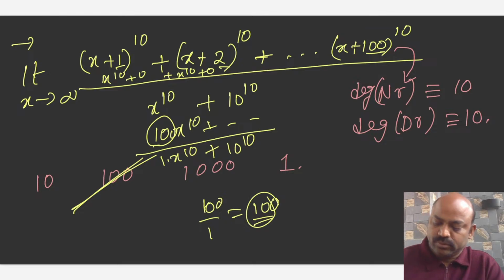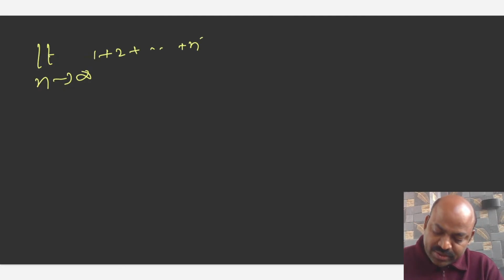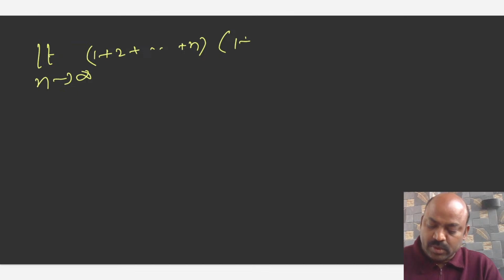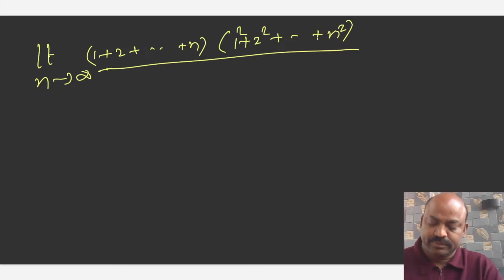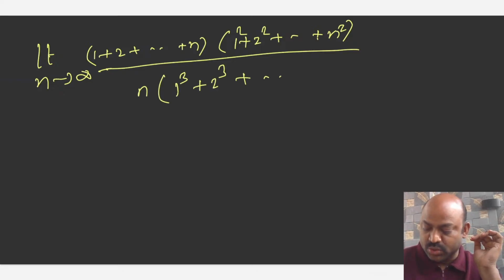Now, one more question. Let me check how many of you can do this. Limit n tends to infinity. One plus two plus, and so on up to n, into 1 square plus 2 square and so on up to n square, by n into 1 cube plus 2 cube and so on up to n cube.